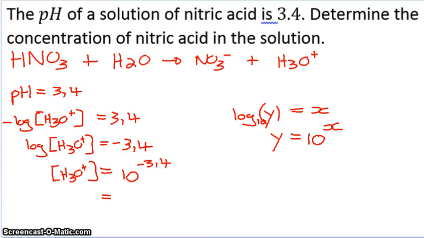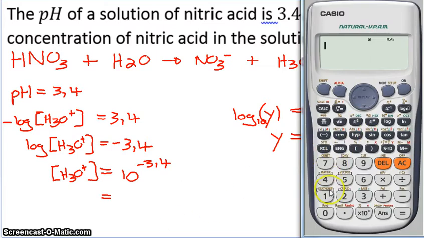I just get my calculator and I type in 10 to the power of minus 3.4, and there's my answer over there. Now I can either write this in the decimal form, or if you prefer, you can go shift, setup, and push number 7 for scientific, and then number 3 for 3 digits. And I get 3.98 times 10 to the minus 4.